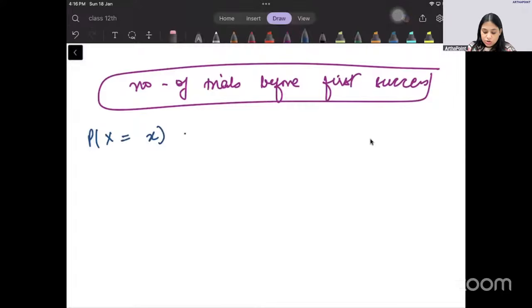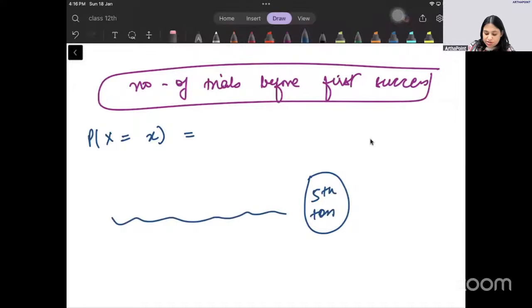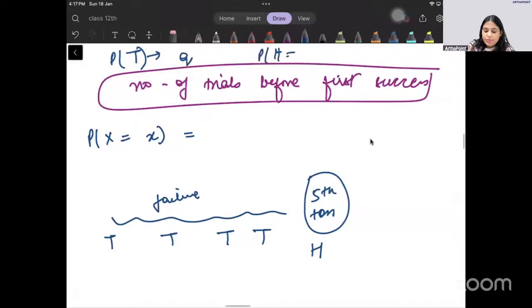Okay. So what are we saying here? Suppose success is a head for me and I need a head in the 5th toss of the coin. So in the first 4 tosses I need failure. So I need tail, tail, tail, tail and then head. The probability of tail is suppose q and the probability of head is suppose p because head is success.